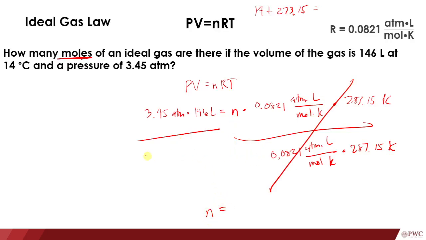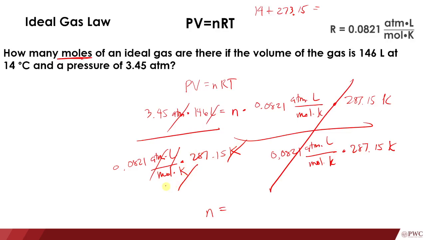Again, you also need to divide the other side using these numbers: 0.0821 atm times liters over moles times Kelvin, times 287.15 Kelvin. Now, if you actually solve this one later, the atm cancels, the liters cancel, and the Kelvin here, this is moles times Kelvin, by the way, also cancels.